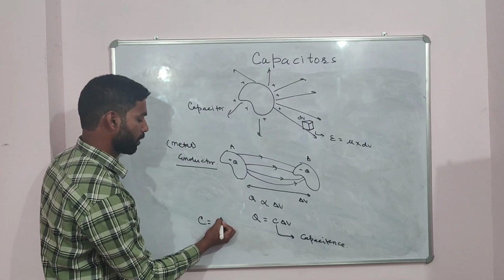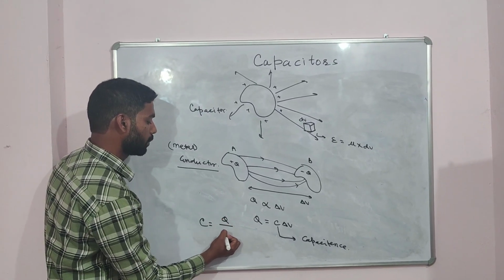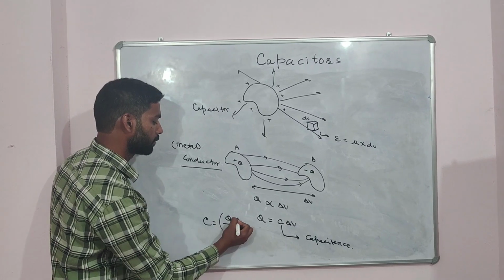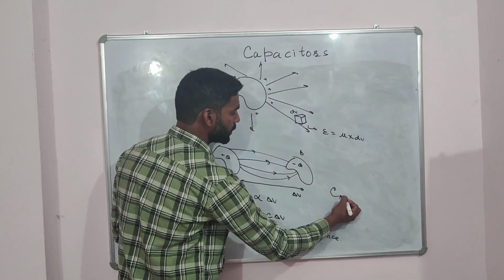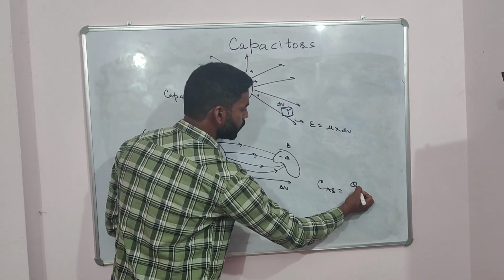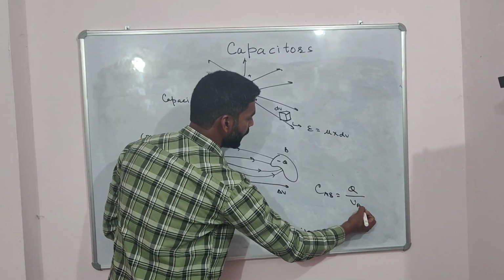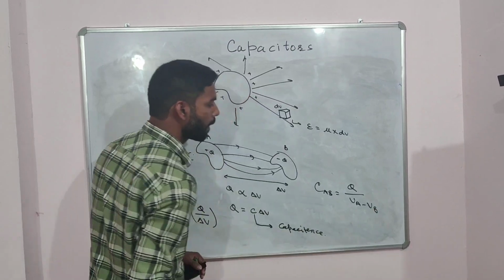Capacitance is equal to charge per unit potential difference. For this system, we will write capacitance C_AB as Q divided by (V_A minus V_B).